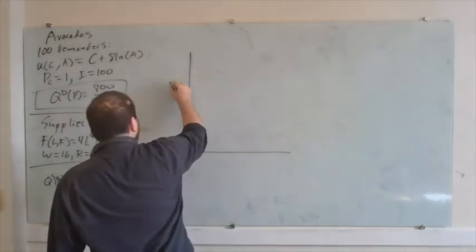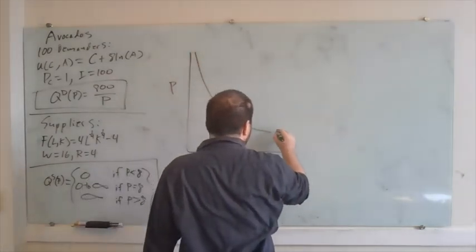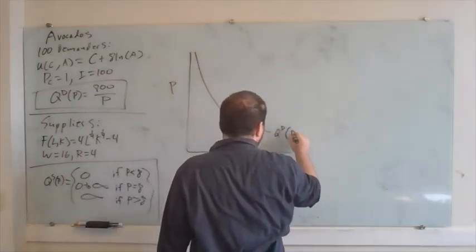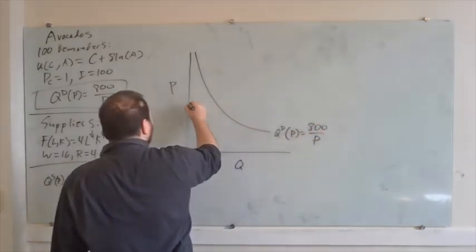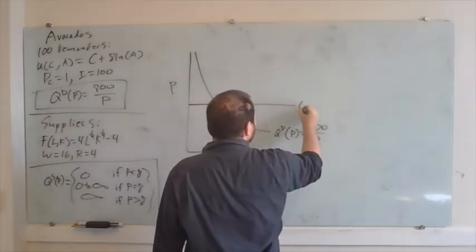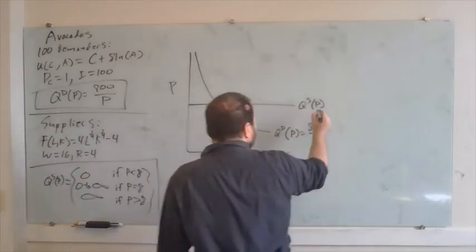So if we graph this thing, we're going to have a demand curve like this. And we're going to have a supply curve like this.